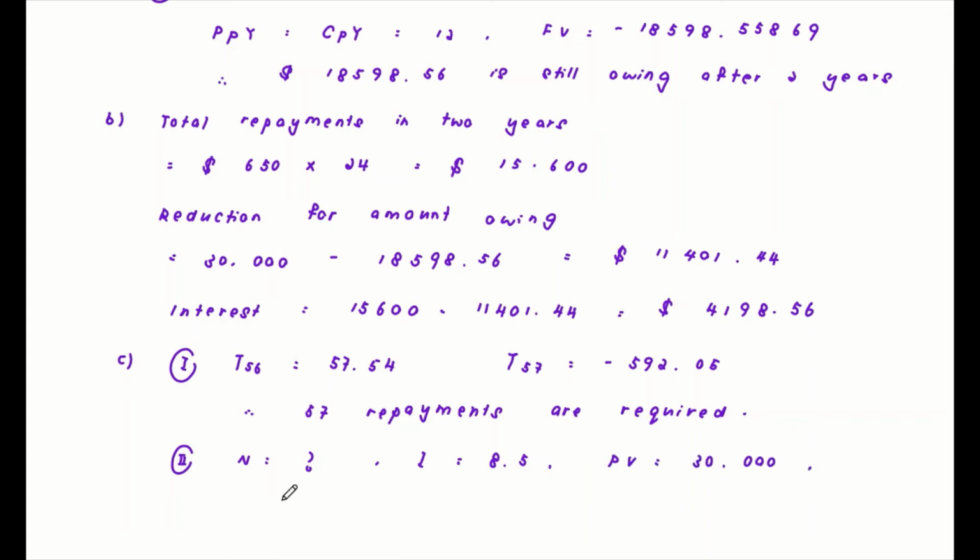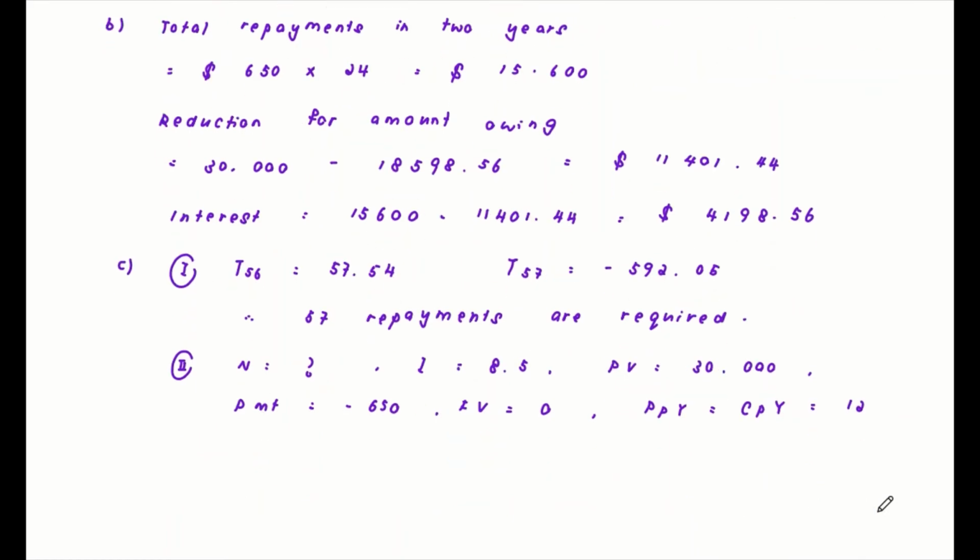So our PMT here is still negative 650. Okay, then after that, our FV, we want the loan to finish, right? So the future value for our loan should be 0. So which means you clear off all the loan. Then PPY and CPY stay the same, which is 12.